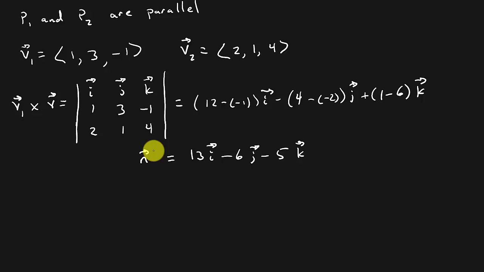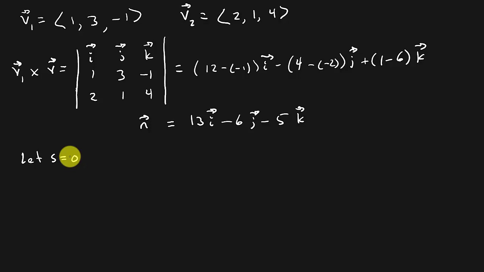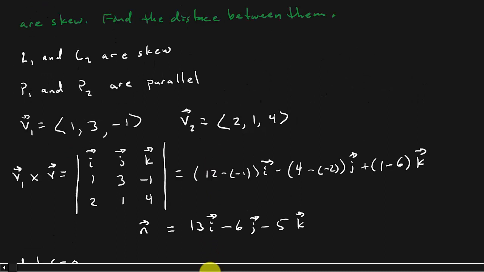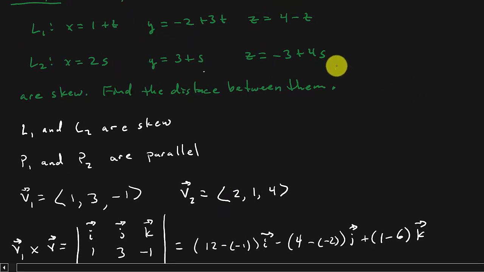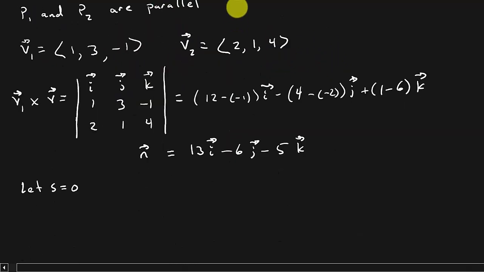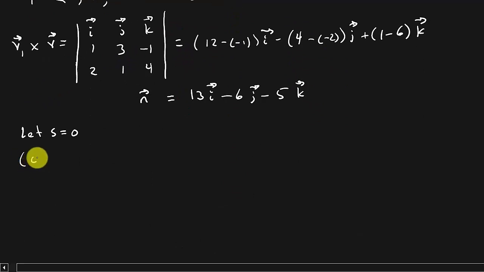So let's let S equal 0, because we need a point in the plane, don't we? So we're going to plug 0 in for S. So that's going to give me 0, 3, negative 3. You see that? So that's going to give me the point 0, 3, negative 3.